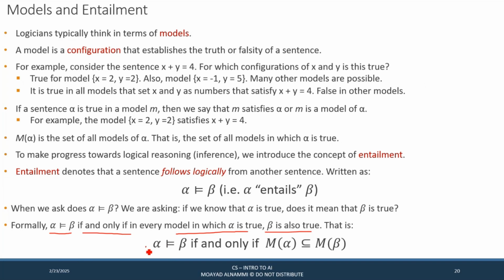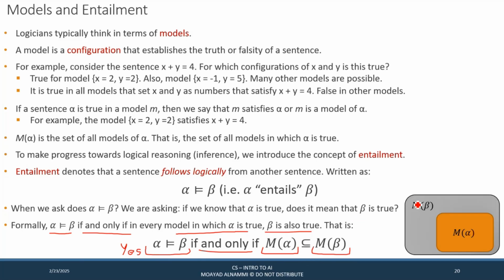That is, the answer to this question is yes, if and only if the set of models in which alpha is true is a subset of the models in which beta is true. In other words, you can think of the space of all variables as this very large set.